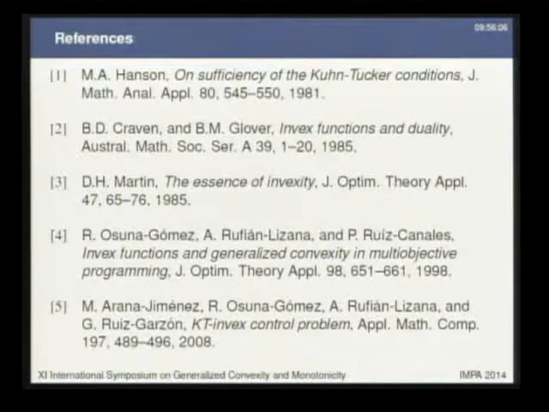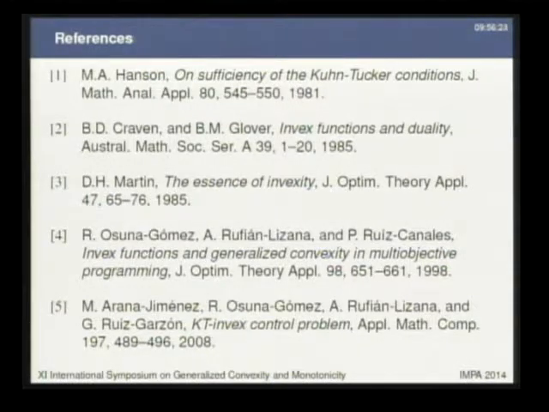Here are some references, the papers I cited during the talk. The paper by Hanson, the paper by Craven and Glover, the paper where KT invex was introduced, the paper by Martin. This was generalized for multi-objective problems in this paper.